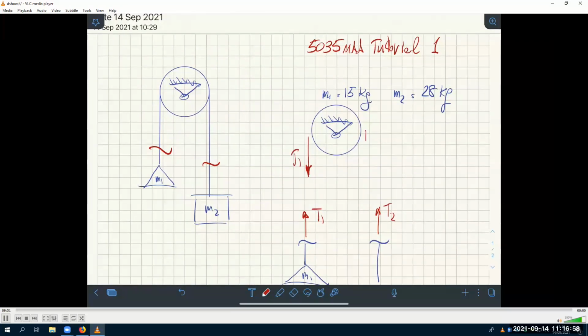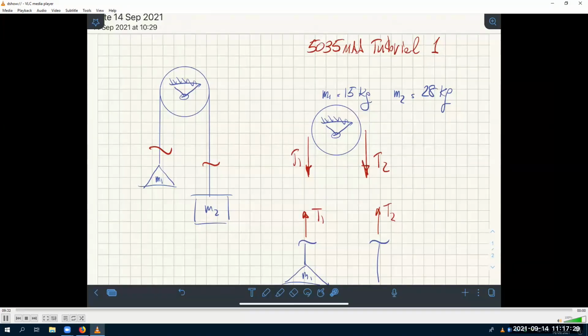On this side I have T2, that are, of course, equal and opposite to each other, by Newton's third law. But T1 and T2 are the same, because remember, this is completely in equilibrium, because it has no mass. The sum of moments is I alpha. Remember, sum of moments is equal to I times alpha. Alpha might not be 0, but I is 0.